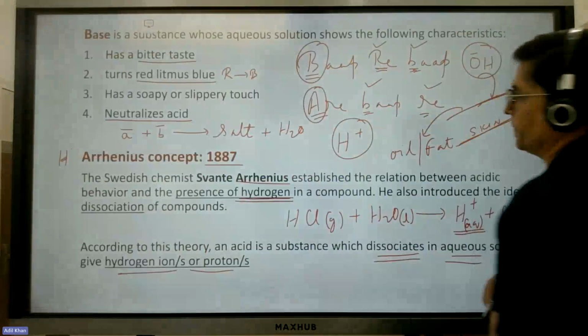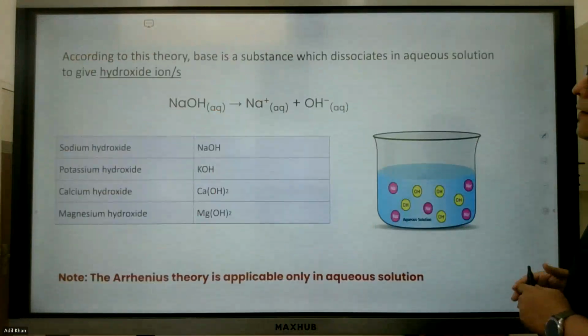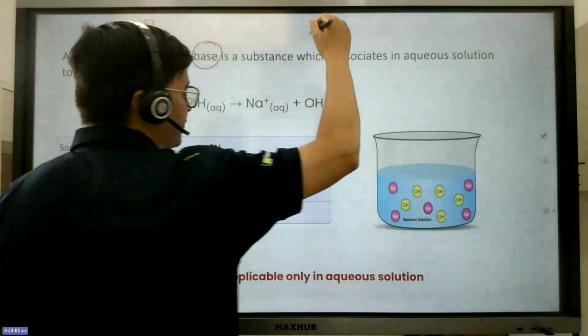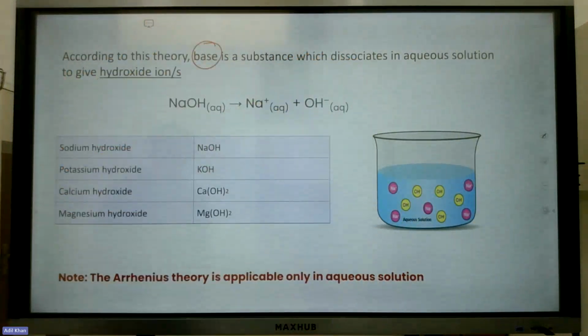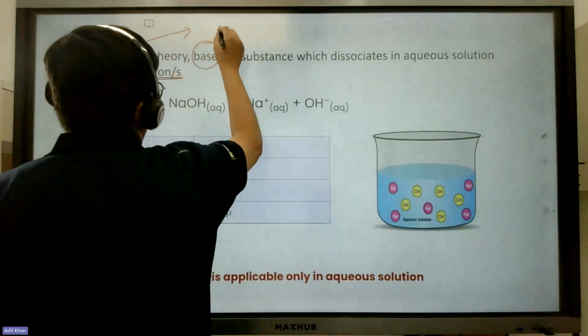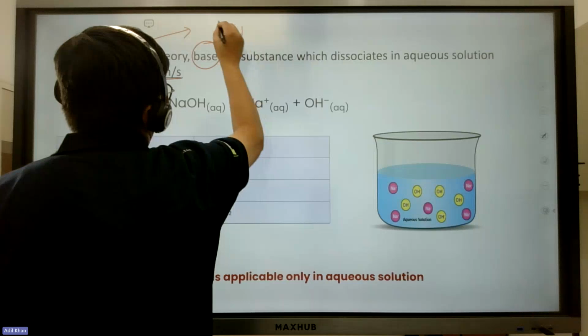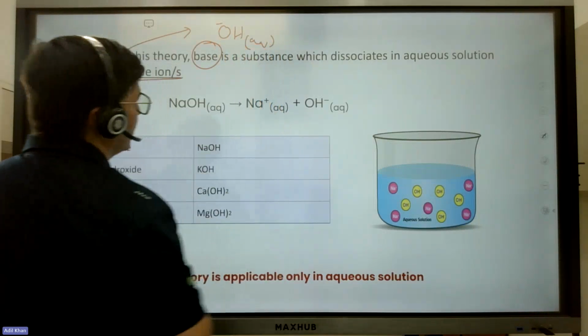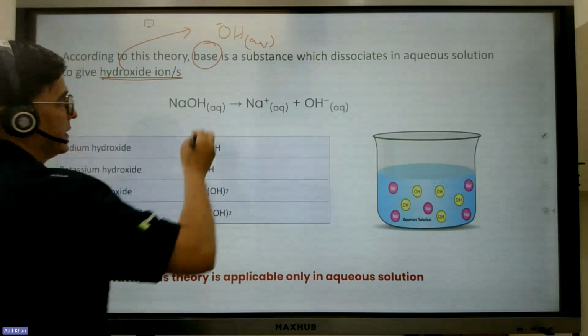Let's move to the next slide. Now, according to this theory, an Arrhenius base is a substance which dissociates or breaks in aqueous solution to form hydroxide ion. What is hydroxide ion? OH minus ion, and since it will be present with water, we write OH minus aqueous, AQ.